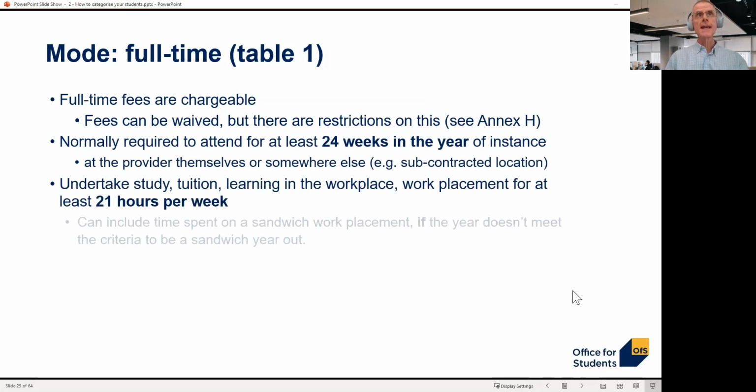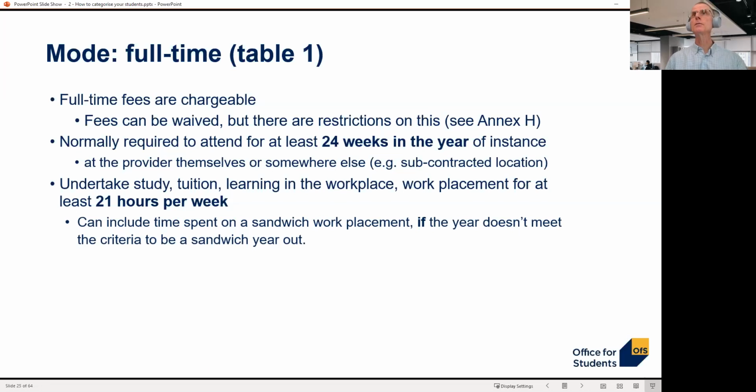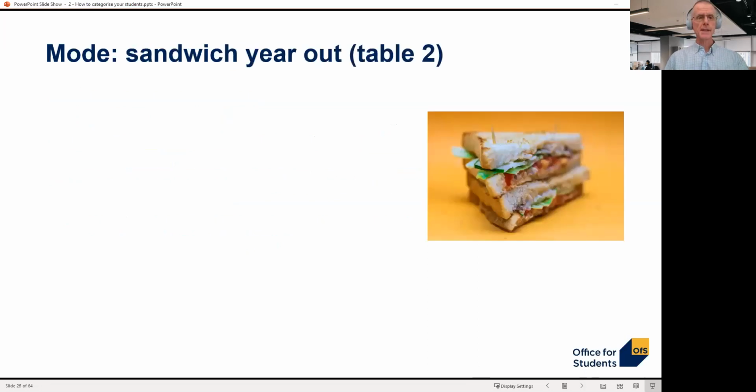So this can include time spent on sandwich work placement if the year doesn't meet the criteria to be a sandwich year out. So we'll see how this works shortly. And we'll look at the next mode, which is in fact sandwich year out. So again, Annex H for details.